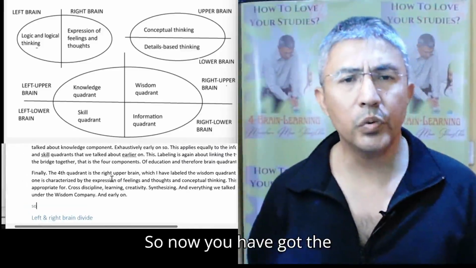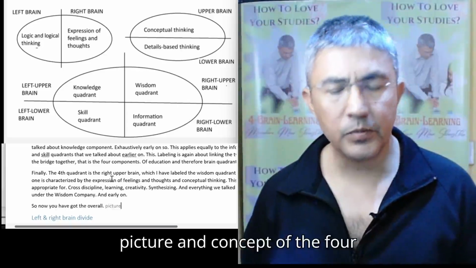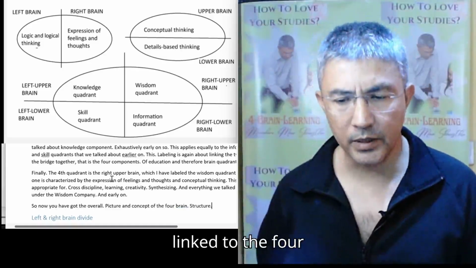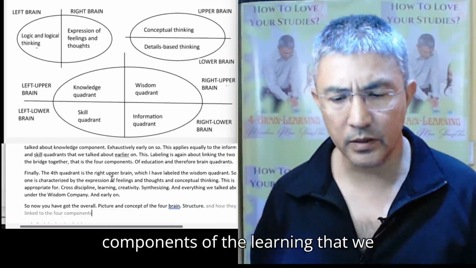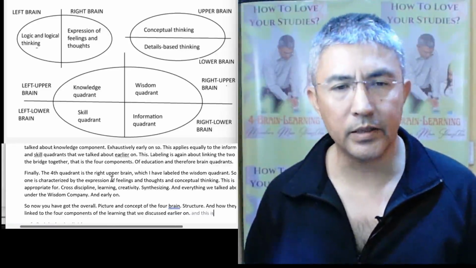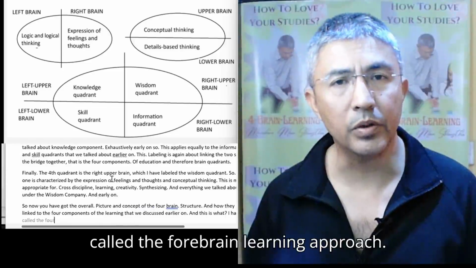So now you have got the overall picture and concept of the four brain structure and how they are linked to the four components of learning that we discussed earlier on. And this is what I have called the four brain learning approach.